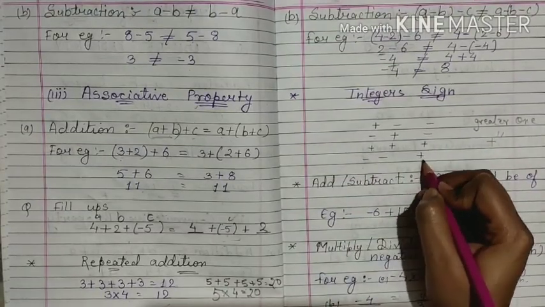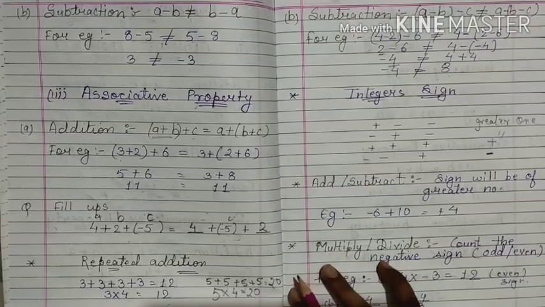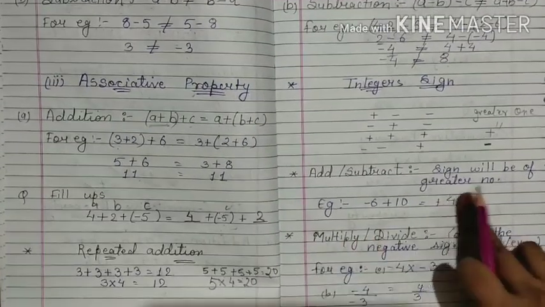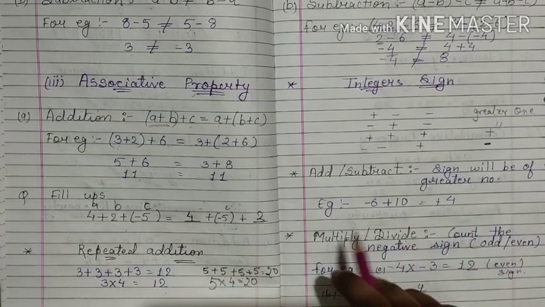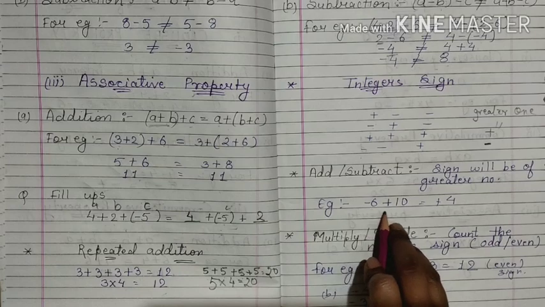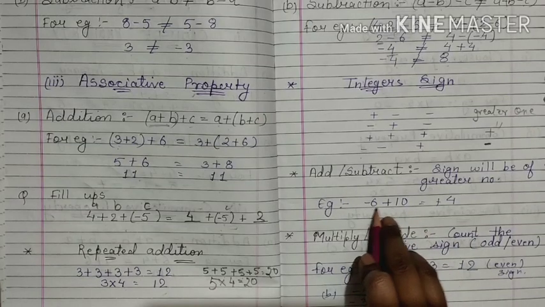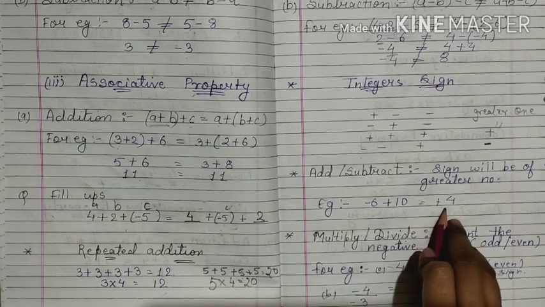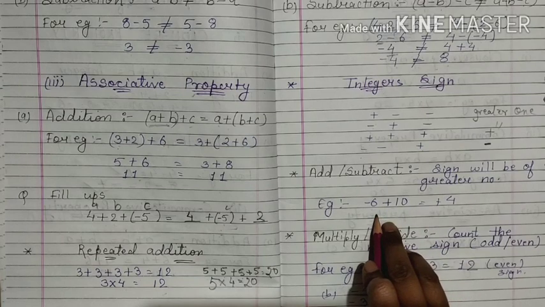Minus minus, plus, but sign will be of minus. In addition and subtraction, the sign will be of the greater number. For example, minus 6 plus 10. Then 10 minus 6 is 4 and the sign will be of 10 because 10 is greater than 6.